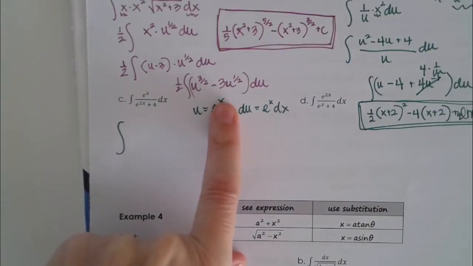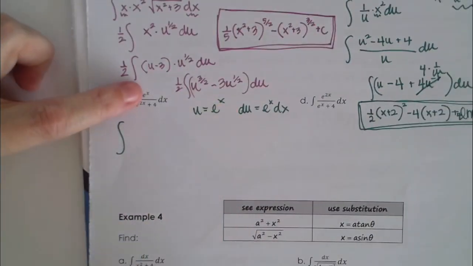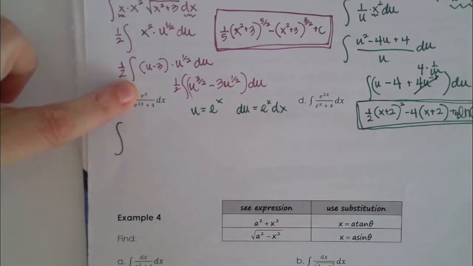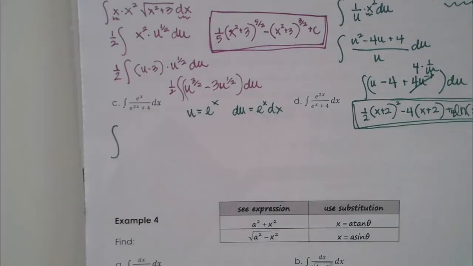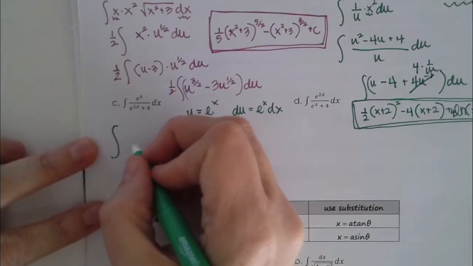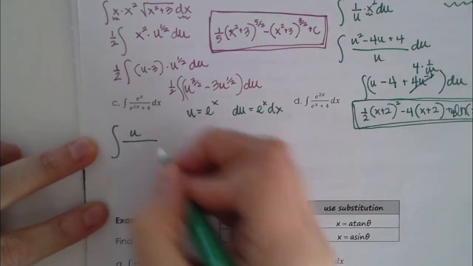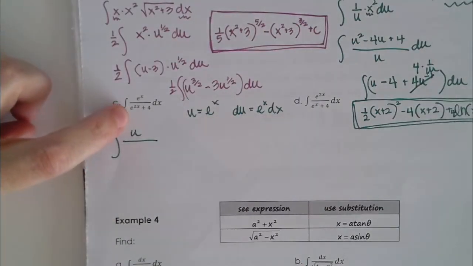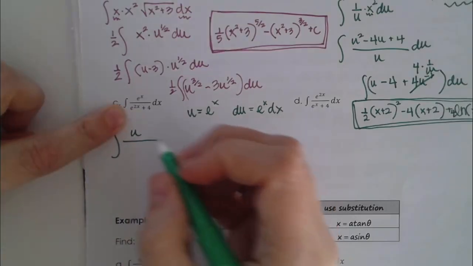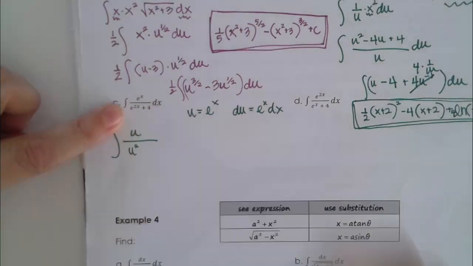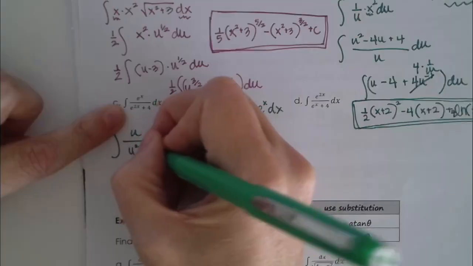U is e to the x, right? So this top part right here is going to be replaced with a u over right here. E to the x squared is just e to the 2x. So I can say this is u squared plus the 4.